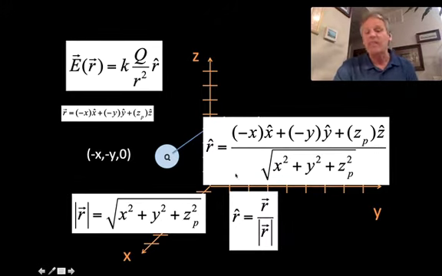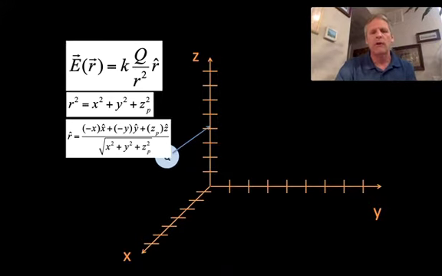Okay, so this is it. We have r hat. We have our r squared; we'll just take the square of this. And we know everything else. When you put this all together, what you end up with is one expression, but 3 different components of the field. And I'm going to break into that just for ease of notation.